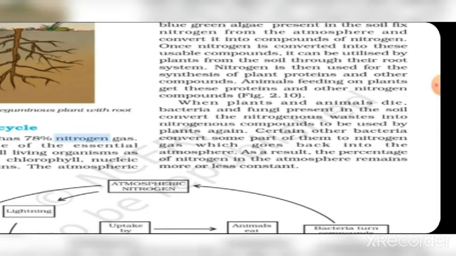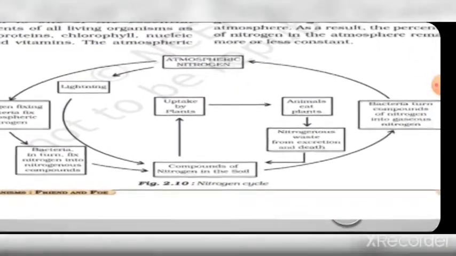And since nitrogen is present in the protein portion of animals, when a plant or animal dies, the decomposing microorganisms, which are the bacteria and fungi present in the soil, convert the nitrogenous waste of these dead plants or animals into the nitrogenous compound, and this nitrogenous compound is used by the plant again.